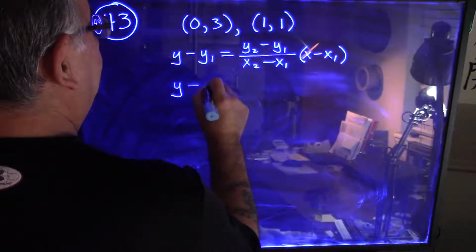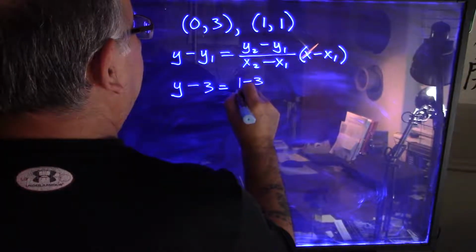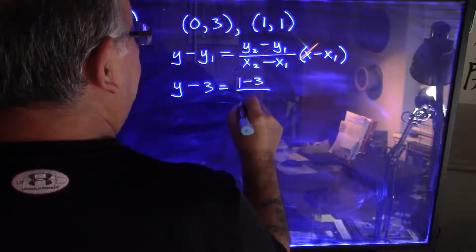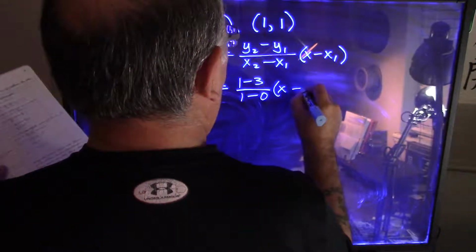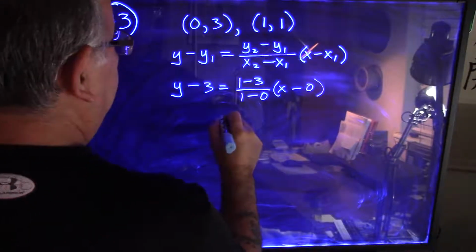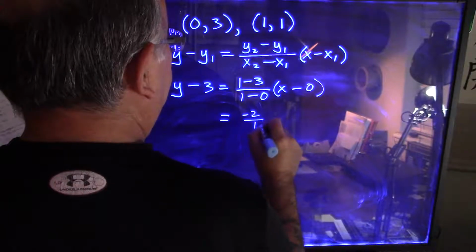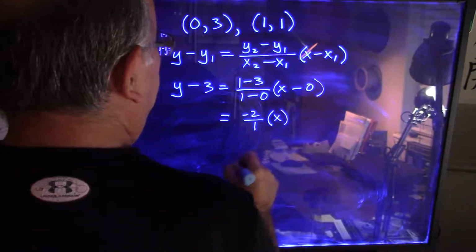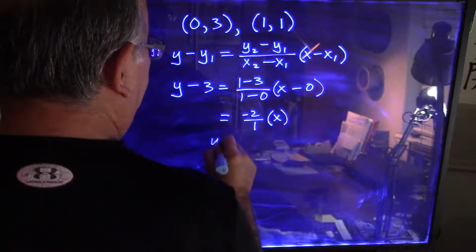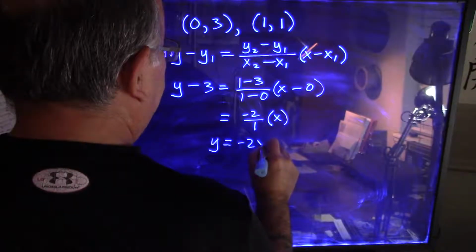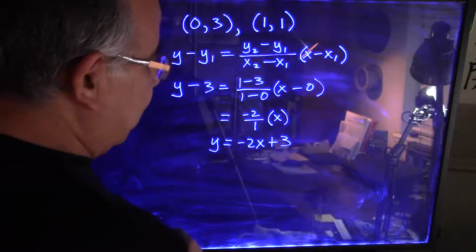So you got y minus 3 equals 1 minus 3 over 1 minus 0 times x minus 0. So this is negative 2 on top over positive 1, and then just x. So move the negative 3 to the other side, so you're going to get y equals negative 2x plus 3. Well, that was nice and easy.